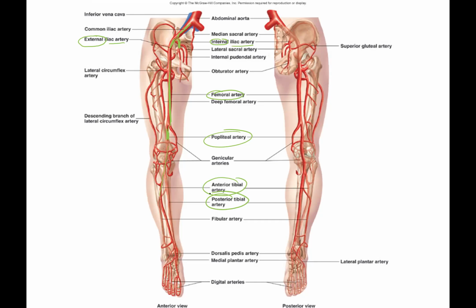And then on the front side, that would be the anterior tibial artery. Okay, then you're going to get a branch that comes off, called the fibular artery because it follows the fibula.